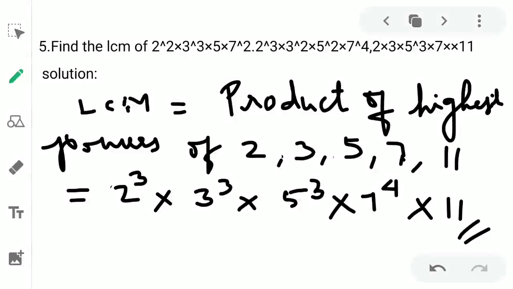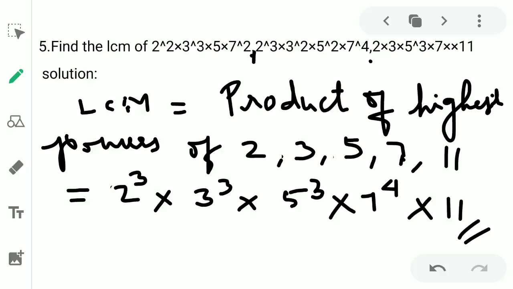Fifth one, find the LCM of 2 square, 3 cube into 5 into 7 square, comma, 3 cube into 3 square into 5 square into 7 power 4. Actually this is not a dot, this is a comma. 2 into 3 into 5 cube into 7 into 11.